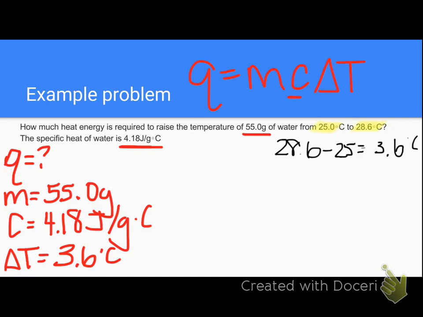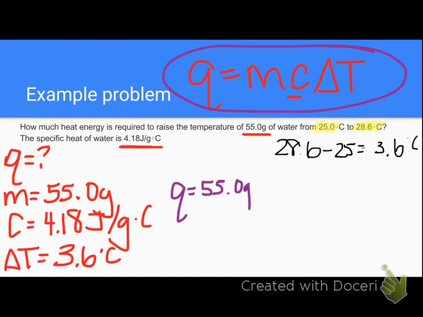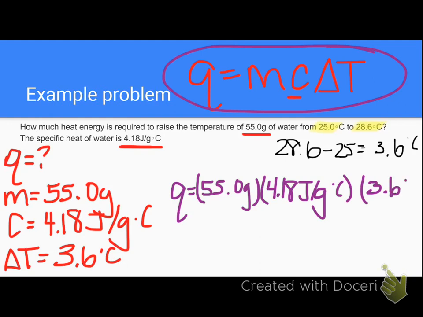Okay, so now all we do is plug it into our new favorite equation listed right up here for us. Q equals 55.0 grams times 4.18 joules per gram degrees C times 3.6 degrees C. Now you're probably wondering, why is she writing all these units out?